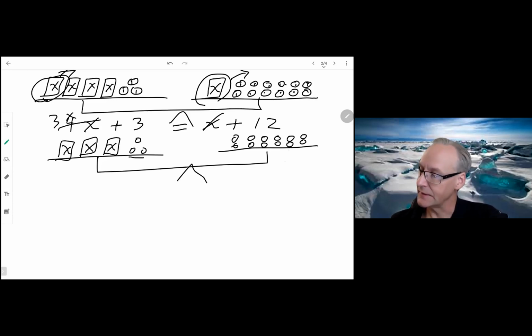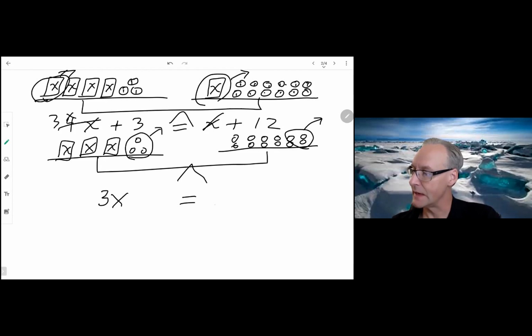I can now take these 3 weights off, but if I do that, it'll unbalance. Now this side is going to be lighter unless I take 3 off of the right side. And I now have 3x is balanced with 9 weights.